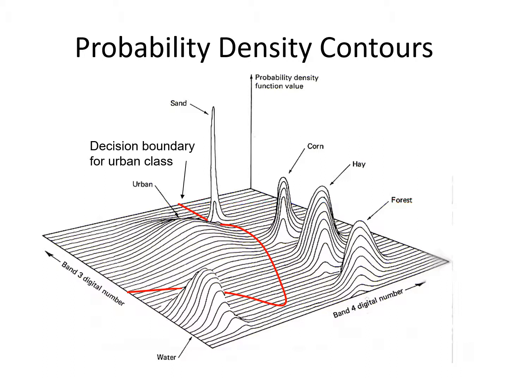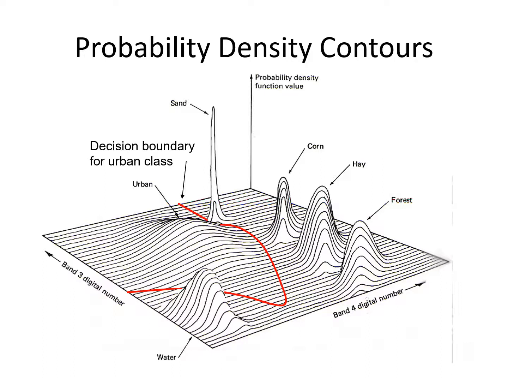Two different bands. We've got our classes that we described: urban, water, sand, corn, hay, forest. It literally looks at the probability of what am I and figures out the highest probability of belonging for each pixel. And so the closer you are to a peak, the more likely that's correct.